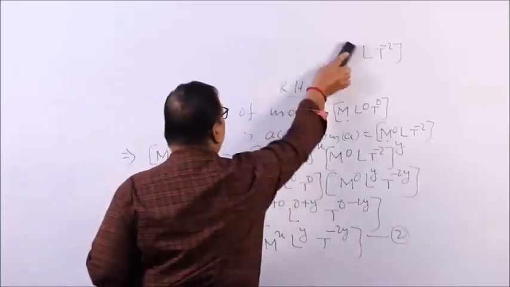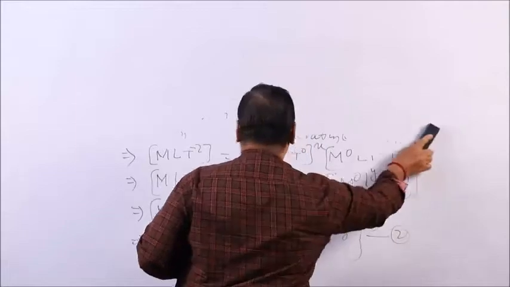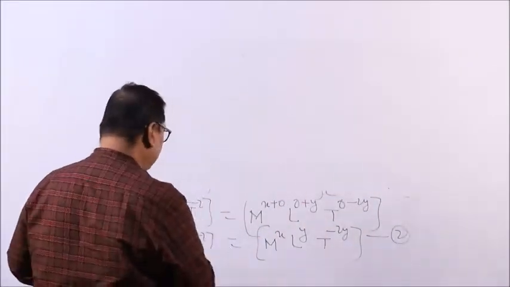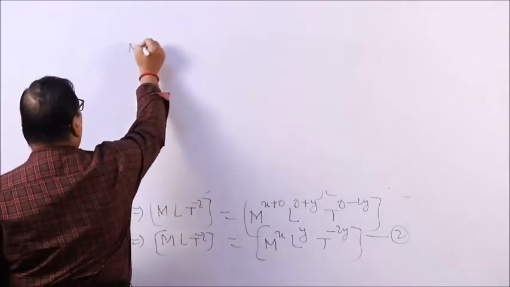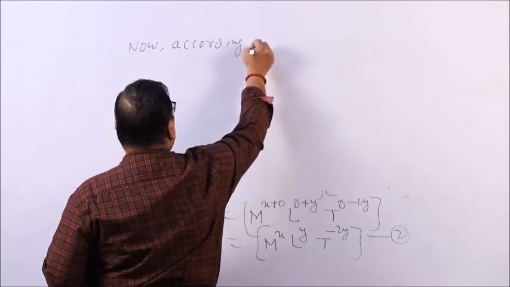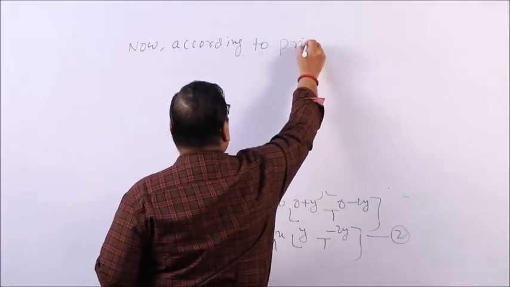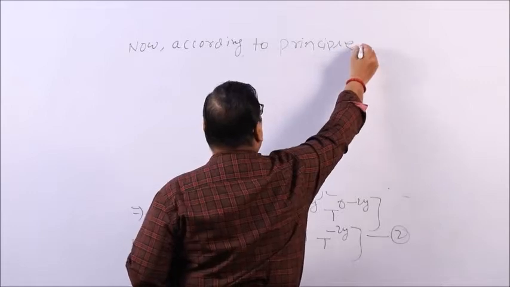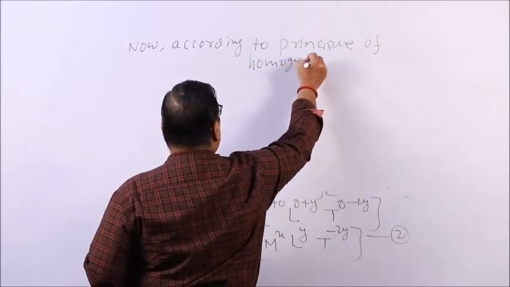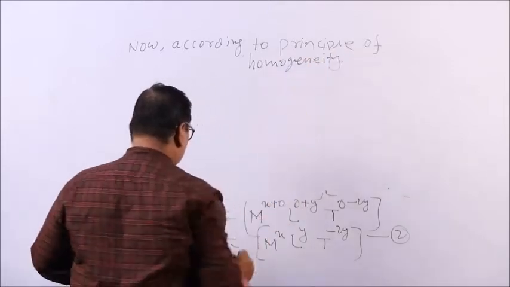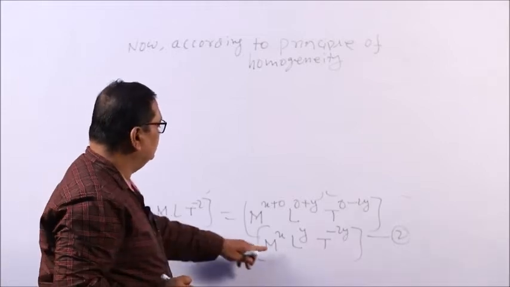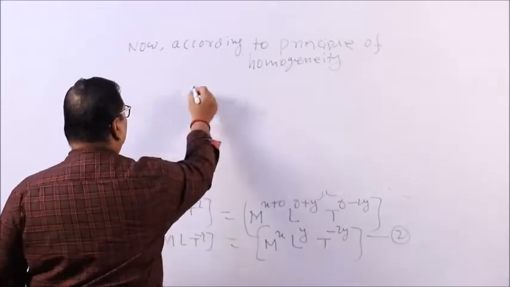So, if bases are the same, then powers will be equated. Now according to the principle of homogeneity, here the power of mass is 1, here the power of mass is x.